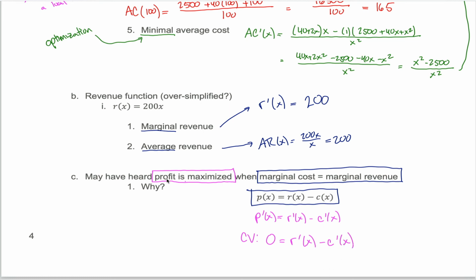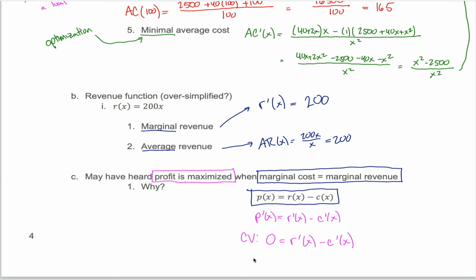To maximize profit, you take the derivative of profit and set it equal to 0. But the derivative of profit is just the derivative of revenue minus the derivative of cost. So profit is going to be maximized when the difference in the derivative of revenue and the derivative of cost equals 0. But when the difference between the two equals 0, they equal each other, right?